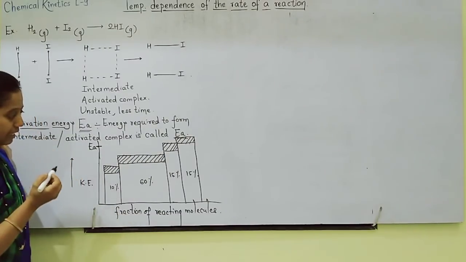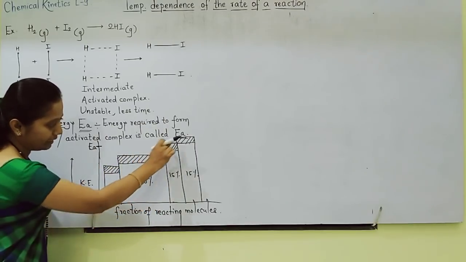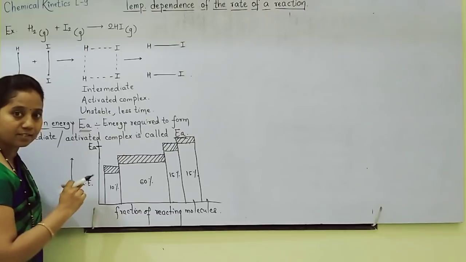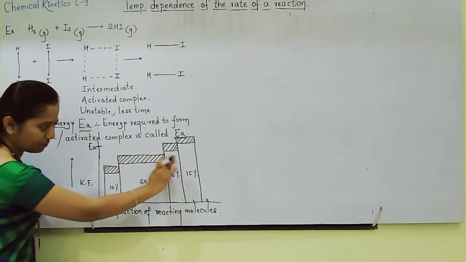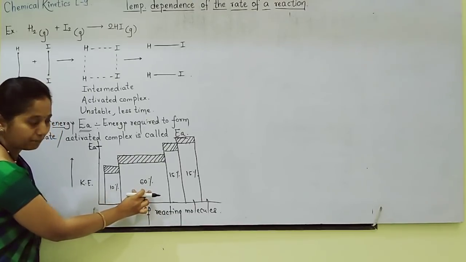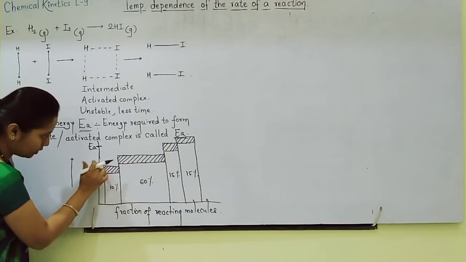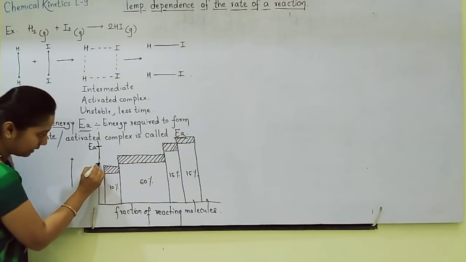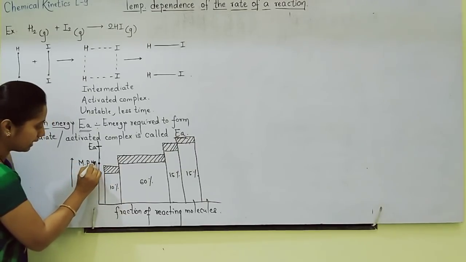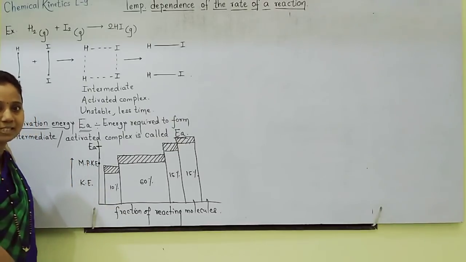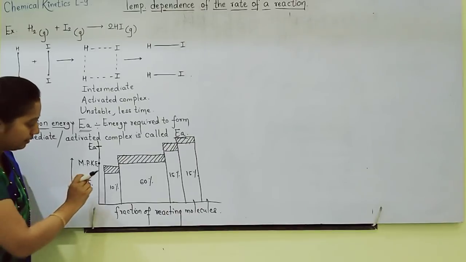Okay. Before that, one thing I wanted to tell you. If you look at our graph before the increase, maximum reacting molecules are having how much kinetic energy? Your answer is maximum reacting molecules means 60%. These 60% of all reacting molecules have this much kinetic energy, I am marking here, and that is called most probable kinetic energy. Sometimes the question is asked, define most probable kinetic energy. Simple.